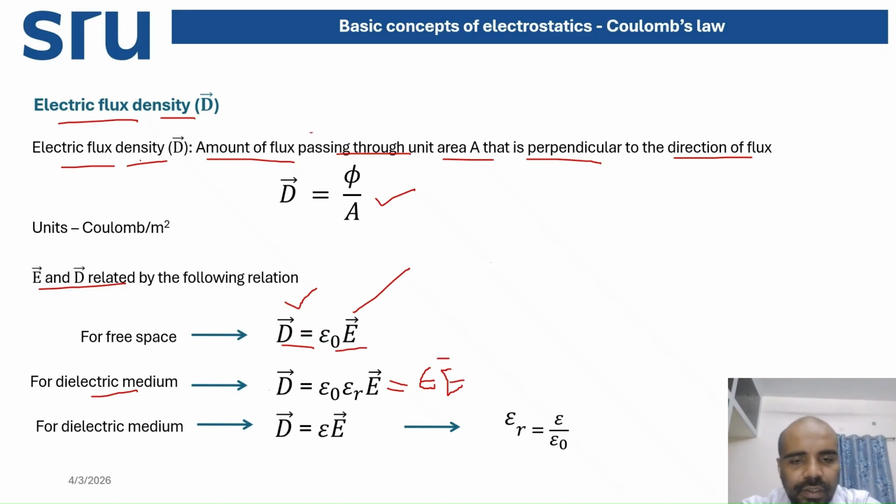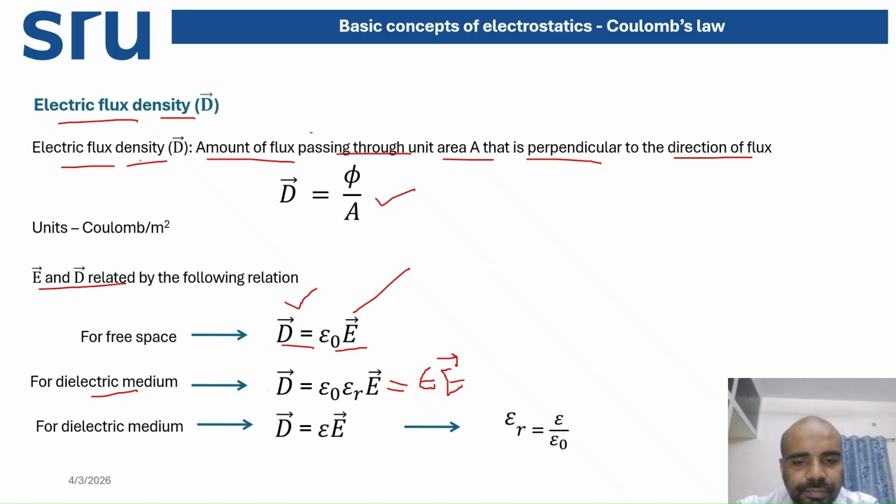And the relative permittivity is equal to epsilon by epsilon naught, that is the permittivity of a medium divided by the permittivity of free space, right? So permittivity basically gives the ability of a material to store charge or the ability to polarize when it is exposed to an electric field, right?